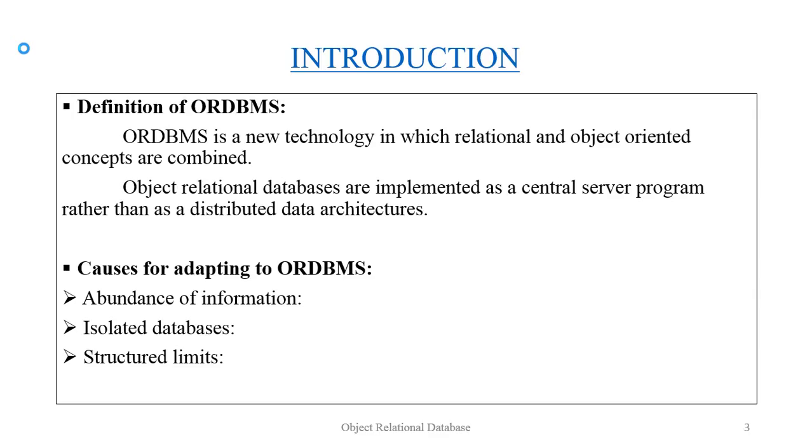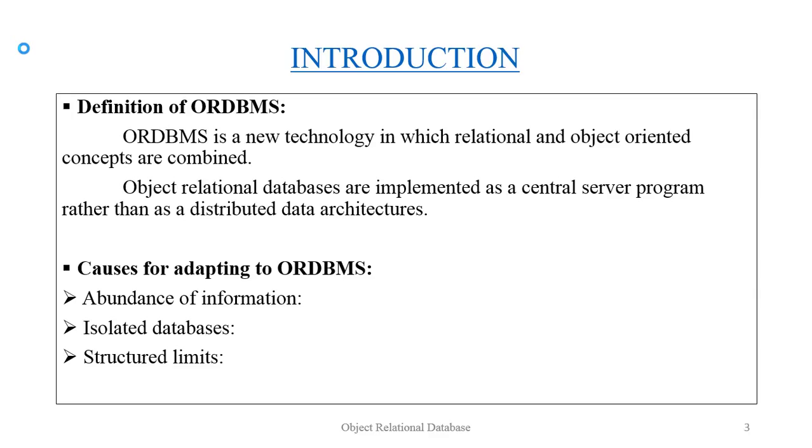Object-oriented database model allows containers like sets and lists and user-defined data types as well as nested objects. This brings commonality between application type system and database type system that removes issues of mismatch. And also, object relational databases are implemented as central server program rather than as a distributed data architecture.